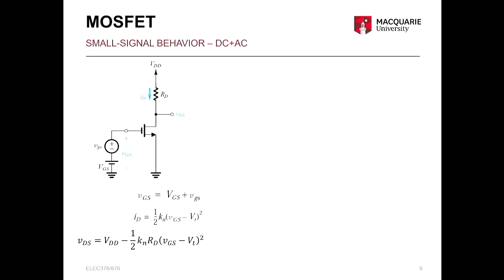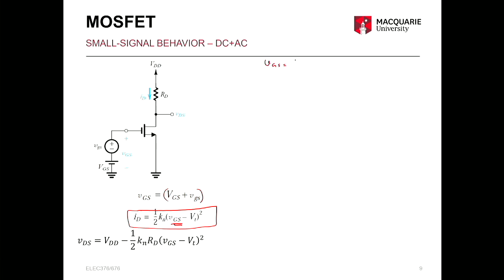Consider now we superimpose an AC small signal on top of the DC signal. The same equations apply, but now VGS is the combination of DC plus AC, and finding ID is the same equation, again with the new VGS.